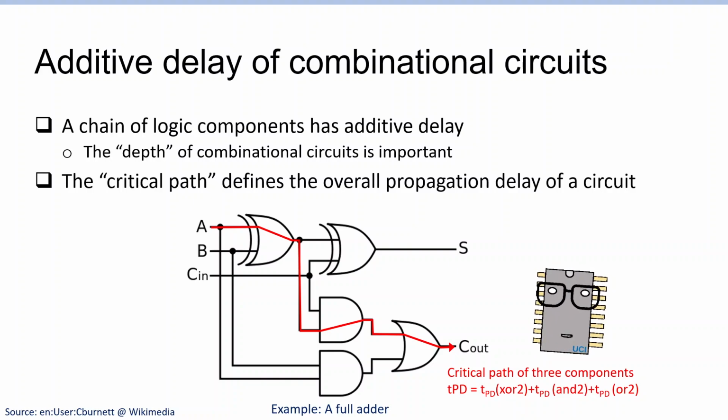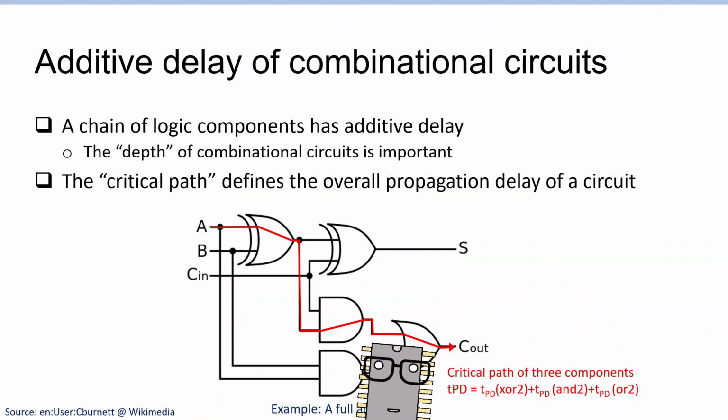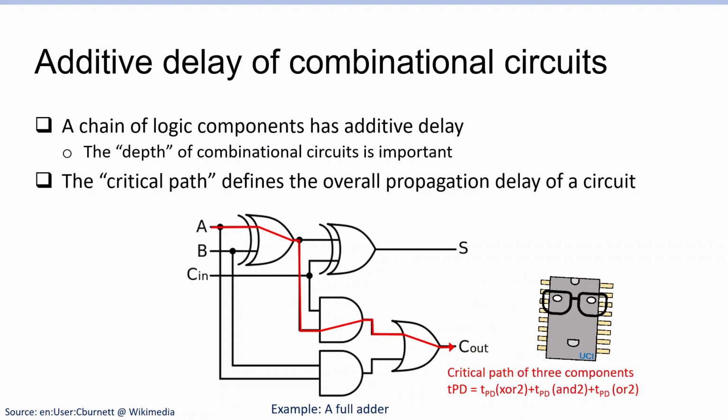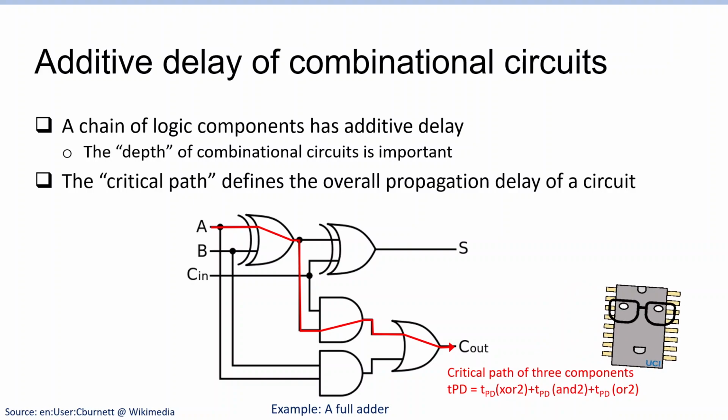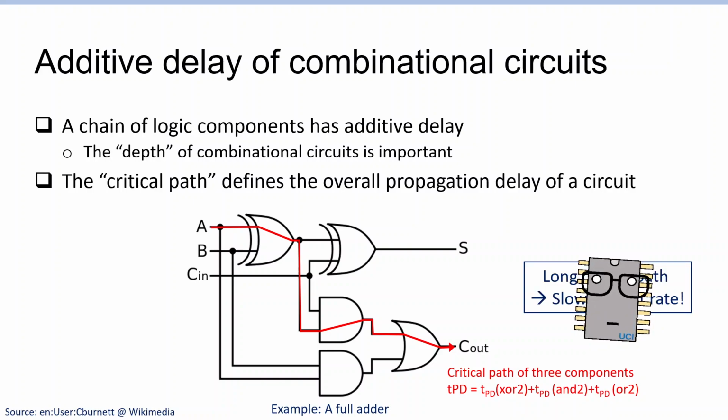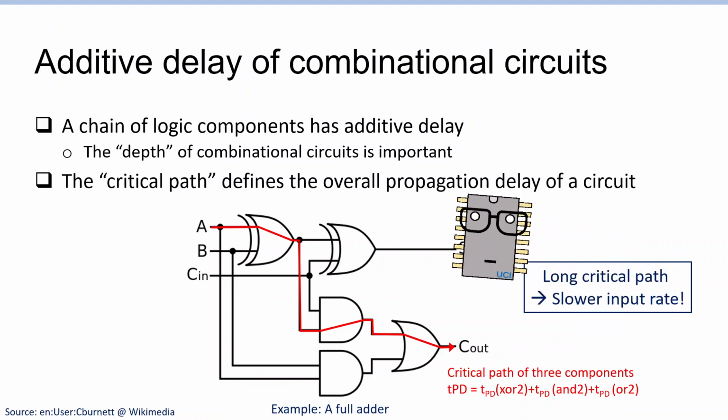It is likely that the critical path of this full adder is going to be the additive propagation delay, which adds the propagation delay of the two-input XOR gate, the propagation delay of the two-input AND gate, and the propagation delay of the two-input OR gate. Basically, a longer critical path means that we're going to have to suffer a slower input rate. So that describes the timing characteristics of combinational circuits.